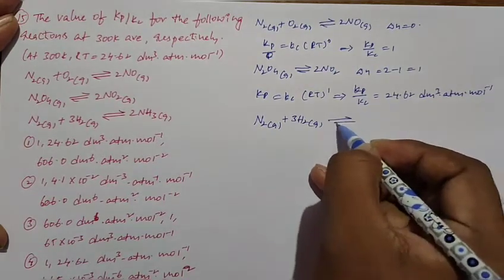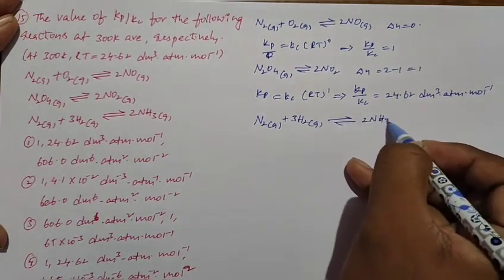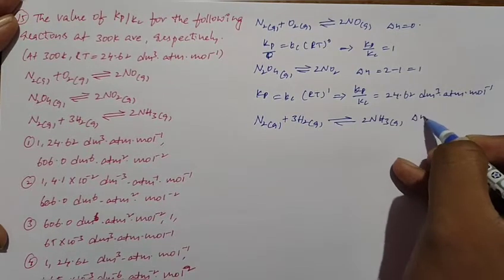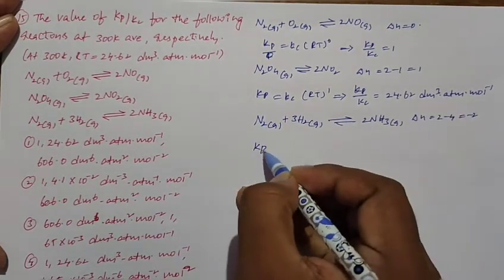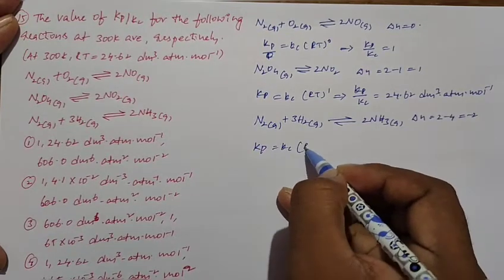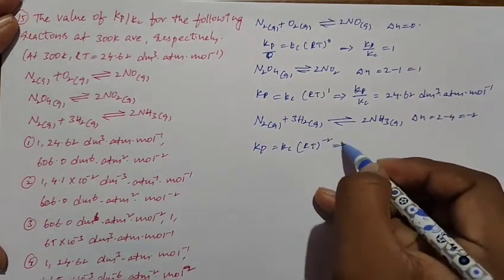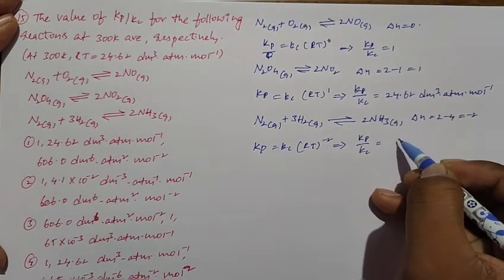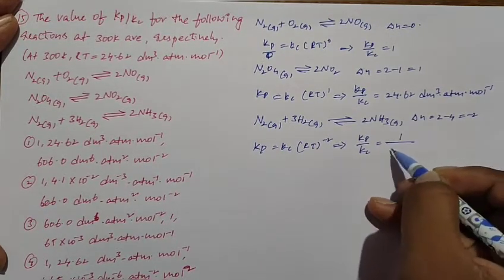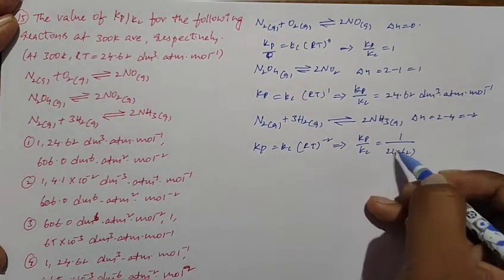Next, the third equation, N2 plus 3H2 gives rise to 2NH3 gas. Here delta n is equal to 2 minus 4, which is equal to minus 2. Then Kp is equal to Kc into RT power minus 2. This implies Kp by Kc is equal to 1 by RT square, that means 1 by 24.62 whole square.